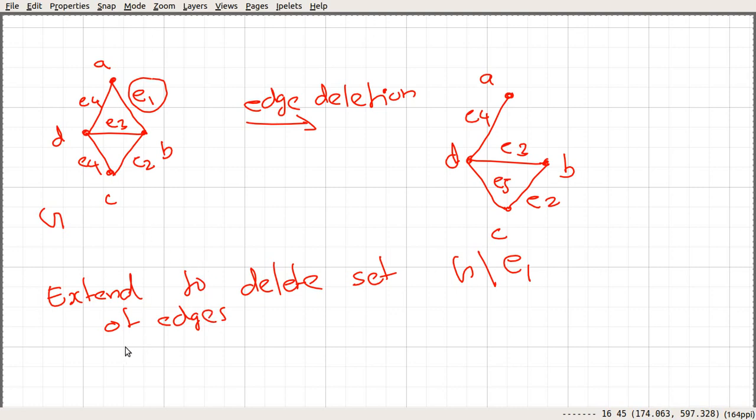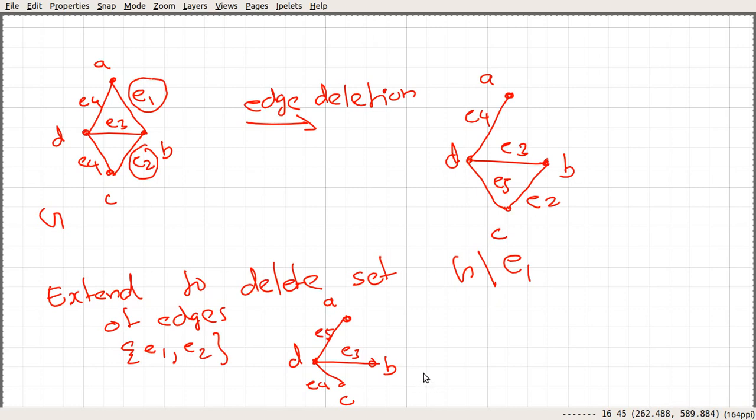For example, suppose that you want to delete edges E1 and E2. We simply delete these two edges from this graph, and the resultant graph will look something like this. It will have 4 vertices A, B, C, D. E1 and E2 won't be there, E3 will be there, and E4 and E5 will be there.